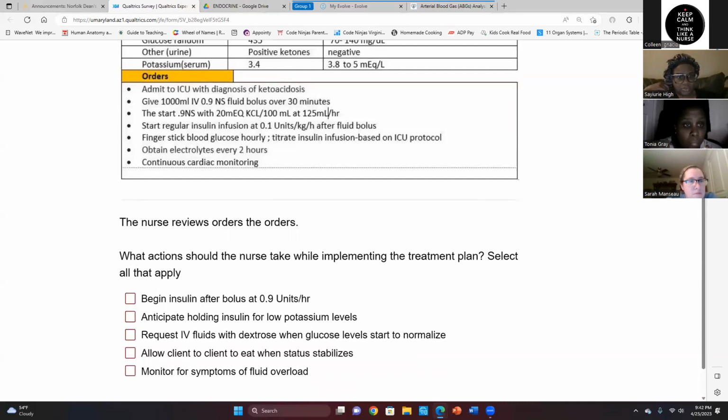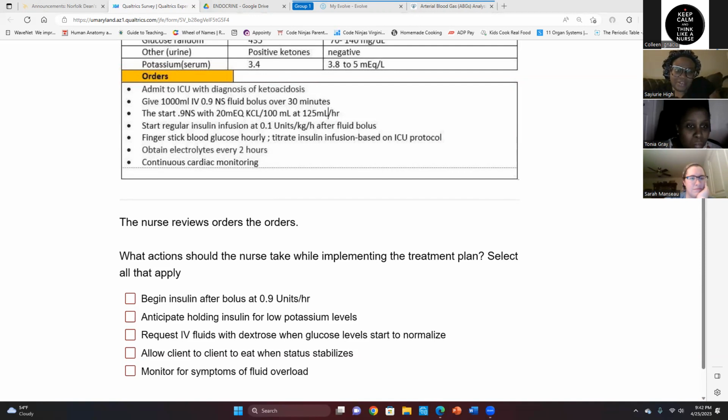Admit to the ICU with a diagnosis of ketoacidosis. Give 1,000 mL of IV normal saline fluid bolus over 30 minutes. Then start normal saline with 20 mEq of potassium, 100 mL of that at 125 mL per hour.